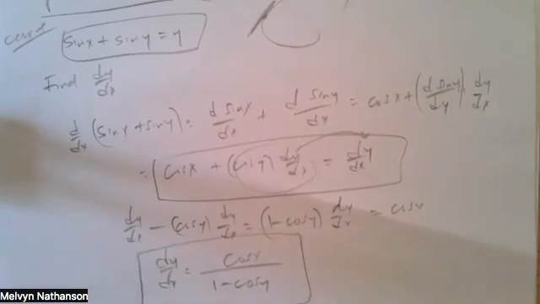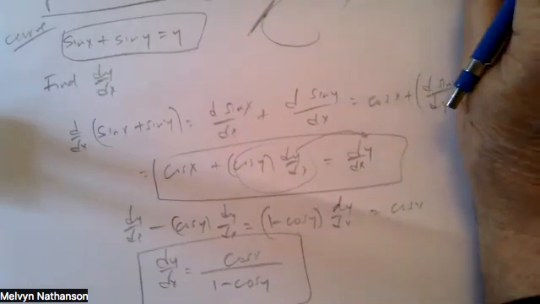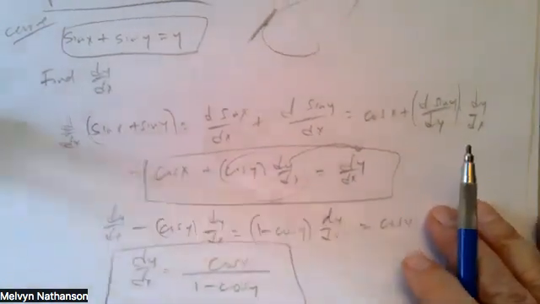And that's the answer. At any point on this curve, the derivative at the point x, y is given by this expression. So that's an example of implicit differentiation. Let me do another example, because this is an important technique.